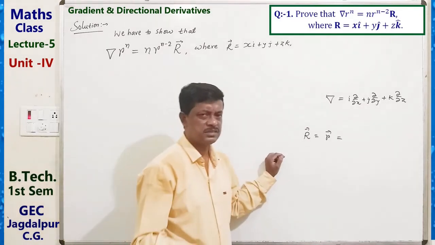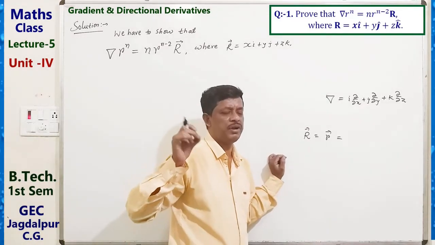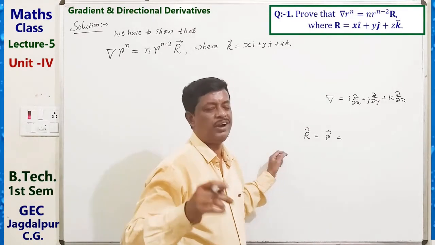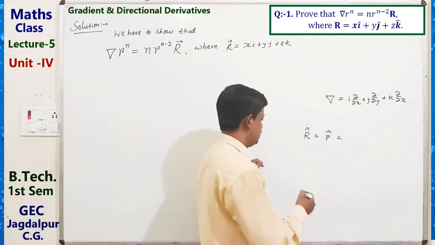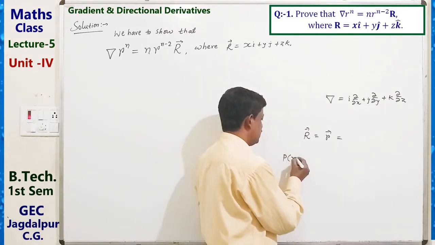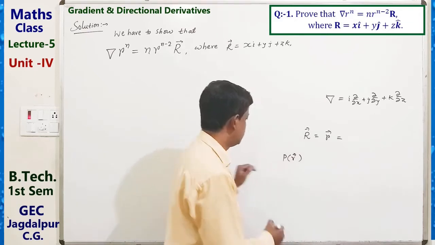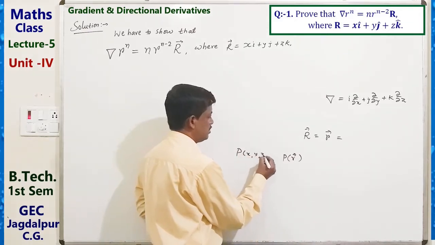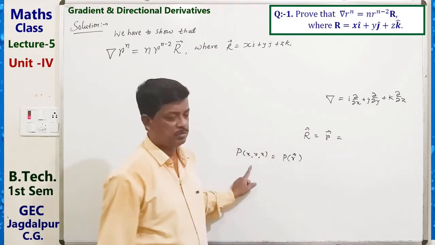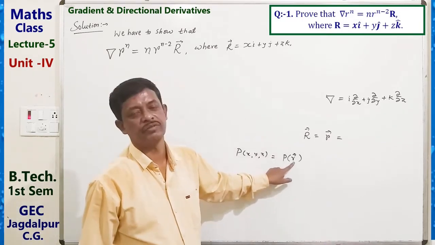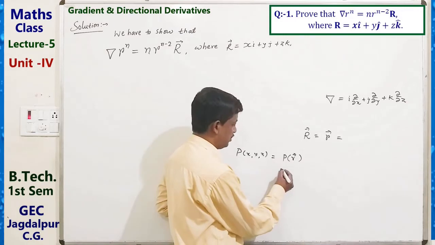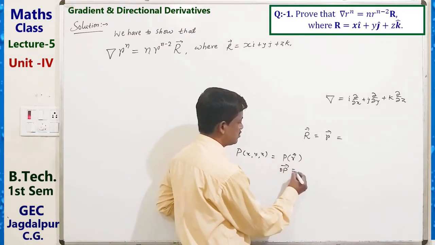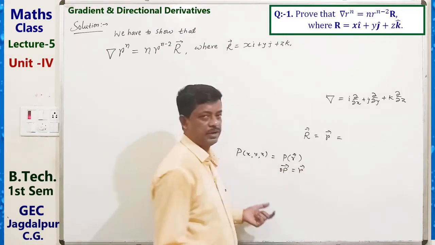This is an arbitrary point having coordinates x, y, z. You can also write the position vector OP equals vector r.